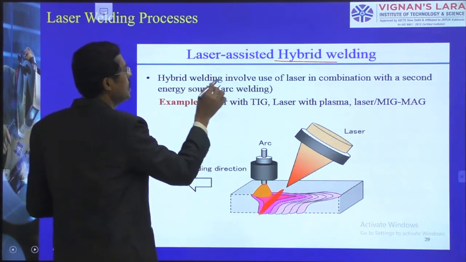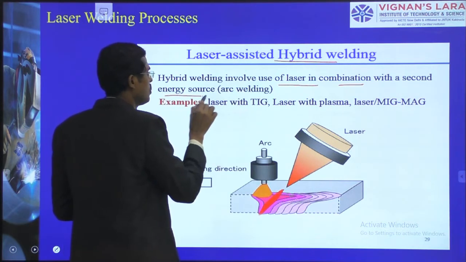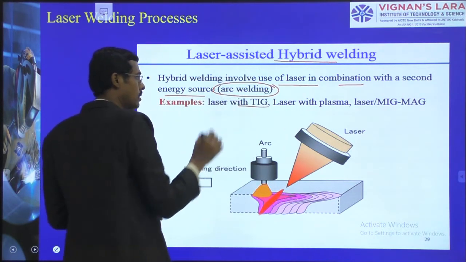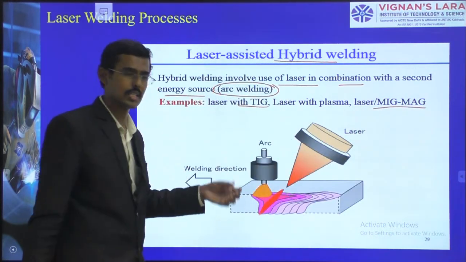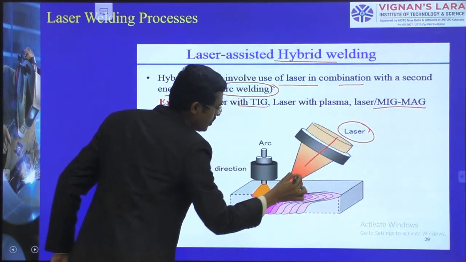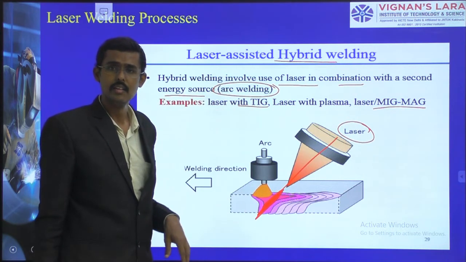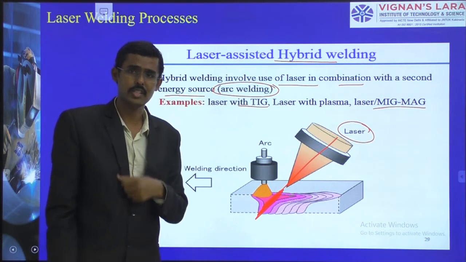Hybrid welding involves the use of laser in combination with a second energy source such as an arc welding process. Maybe TIG welding, or maybe the MIG-MAG welding process, we can use. We are using the laser treatment at a specific point to heat there, and it is heated. After heating, we can melt the filler wire here and deposit.